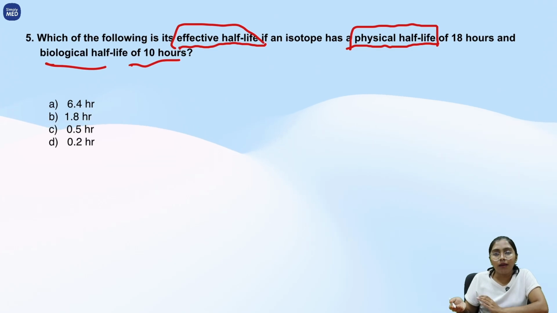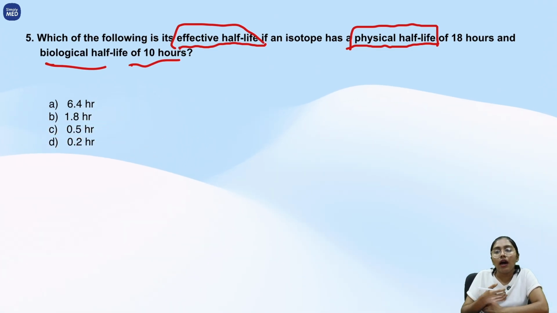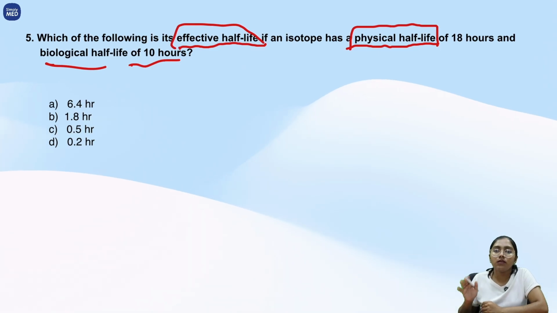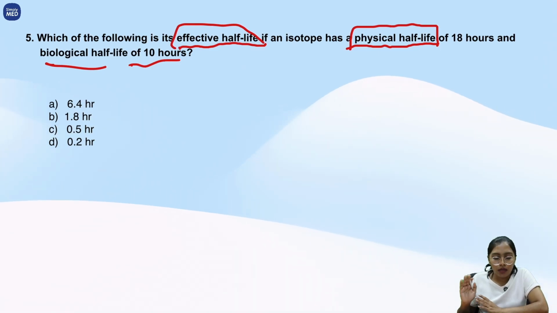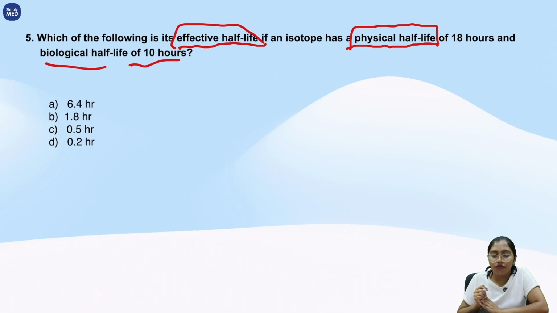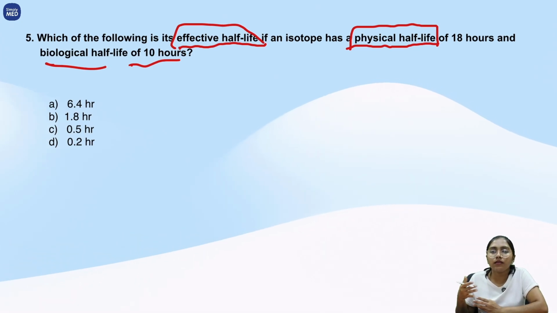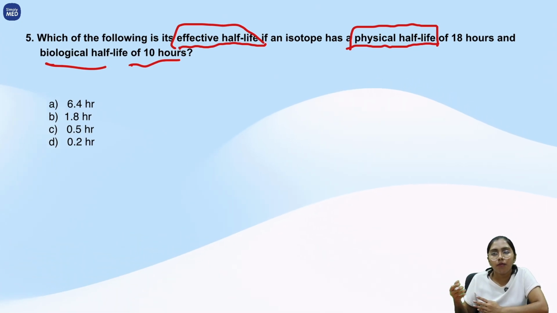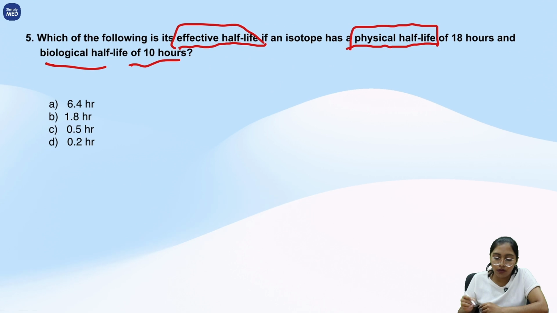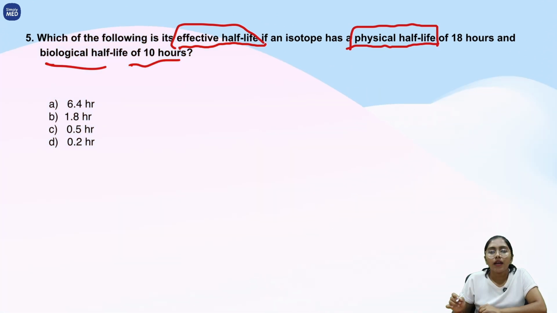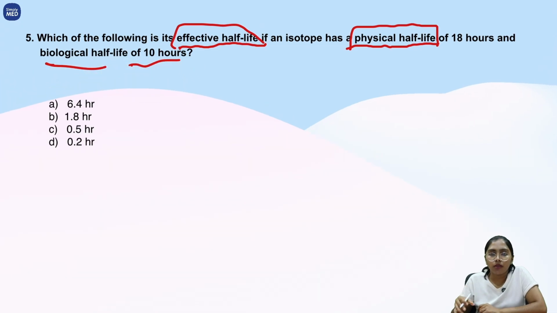The time taken for the radioactive material to get half of it eliminated from the system of the being is called biological half-life. What it shows us is how fast it gets eliminated from the person's body. And effective half-life is the combined half-life from both of these.